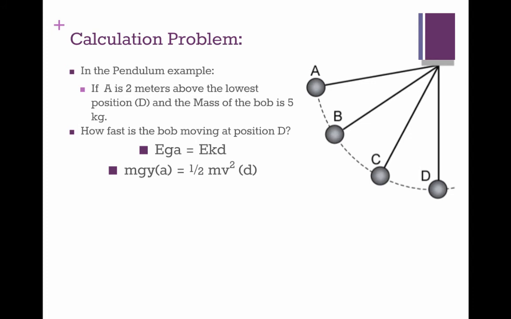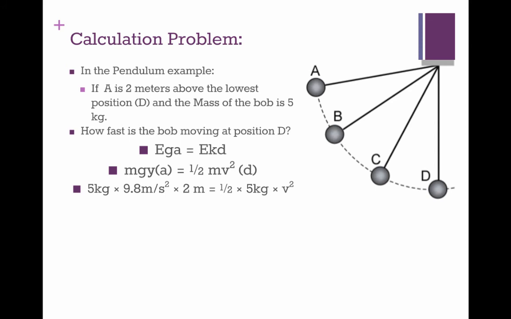So wherever it is at one place is what it will be at the others. The energy formula for EG is mgy, and that's at position A. That's what the parenthesis A means. And the EK at D is 1/2 mv squared at position D. Well, the mass was given as 5 kilograms. Gravity is 9.8 meters per second squared, and the height is 2 meters.